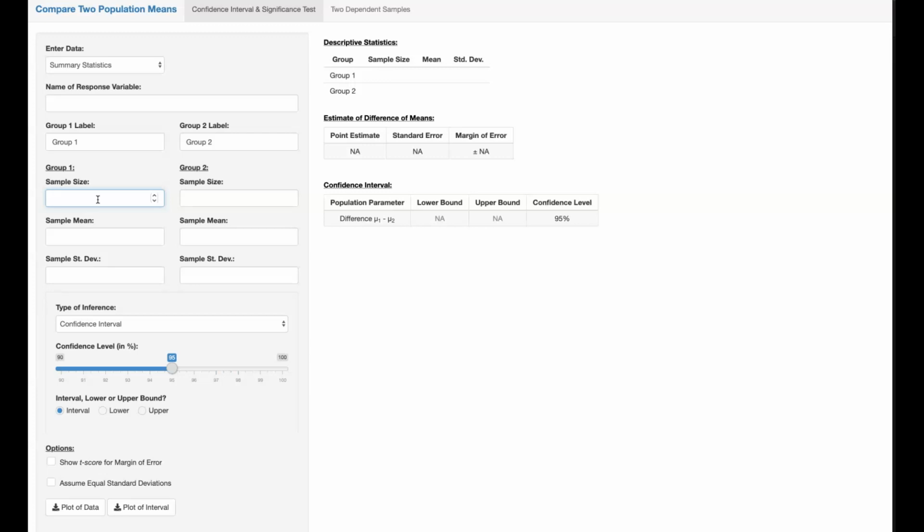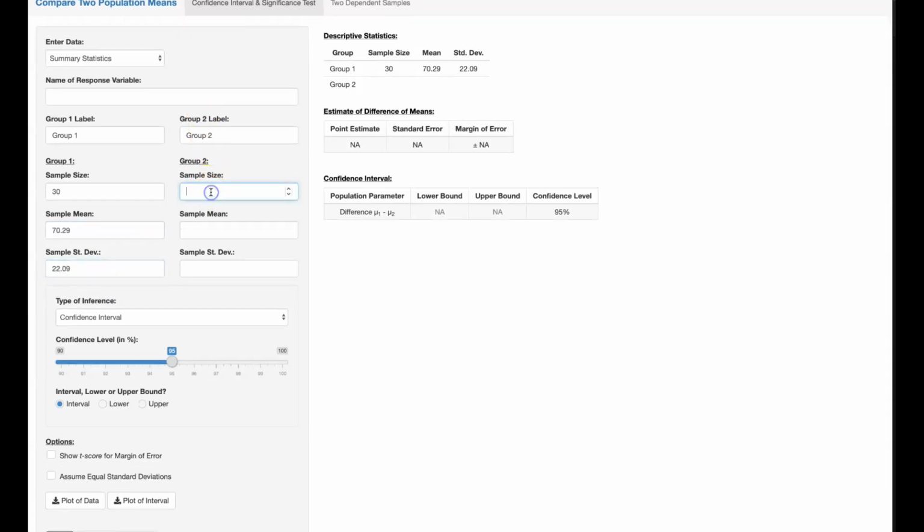For group 1, the sample size is 30, the mean is 70.29 again, and the standard deviation is 22.09. For the other group, the sample size is 32, the mean is 74.26, and then the standard deviation.